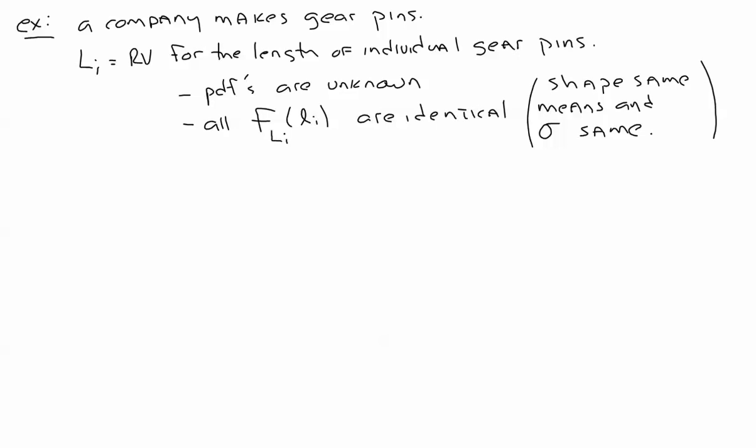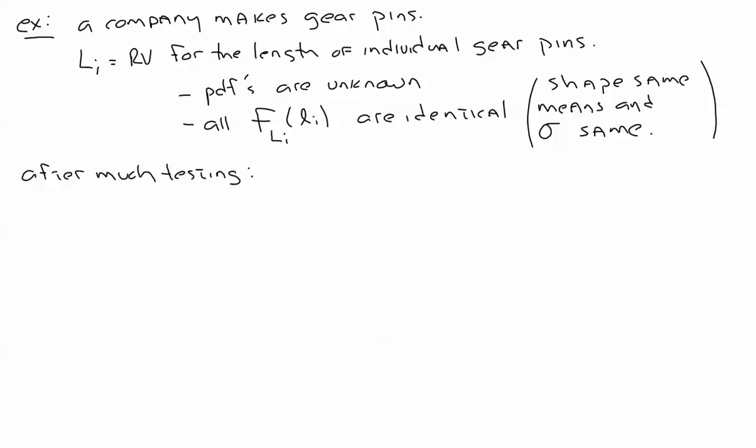After extensive testing, there's some poor soul who stands at the end of the assembly line, and he or she has a set of calipers, and they have measured the length of gear pins coming off that line for decades.